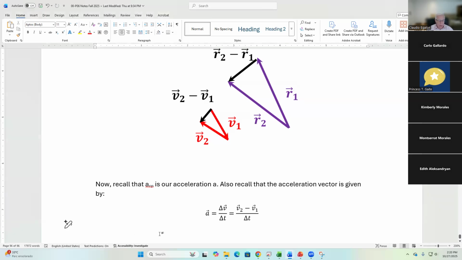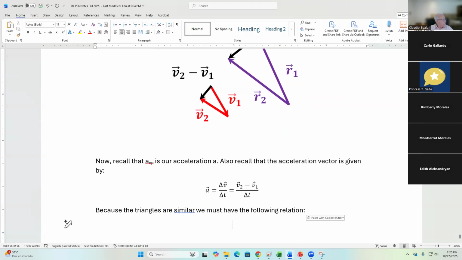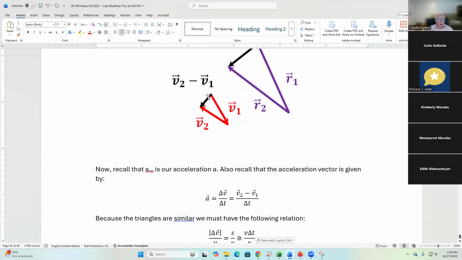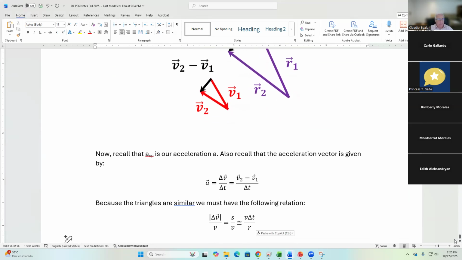We can say that delta V over V, this length that you see here divided by this other length here, is going to be S, the length of this arc, divided by V. And whenever delta V is small enough, the magnitude of this delta V is going to be, the approximation is going to be right in here. That's where the approximation is.